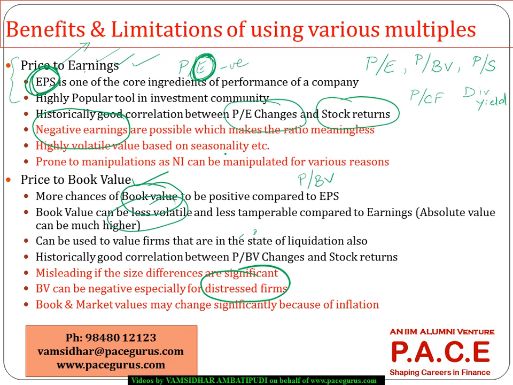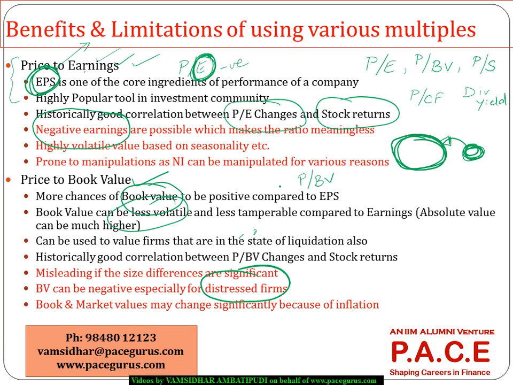It may not fluctuate that drastically, because as the company becomes more and more mature, book value is very significant compared to the earnings which it is generating in one single quarter or one single year. Because book value is more and more of a cumulative kind, even a small addition or a subtraction may not impact the book value that heavily. So the changes in the book value are not that heavily volatile.